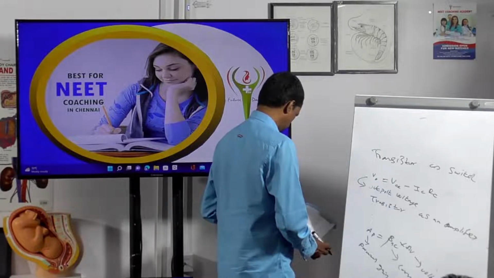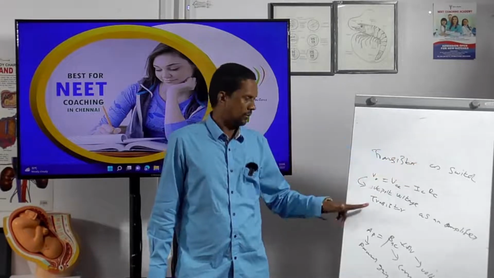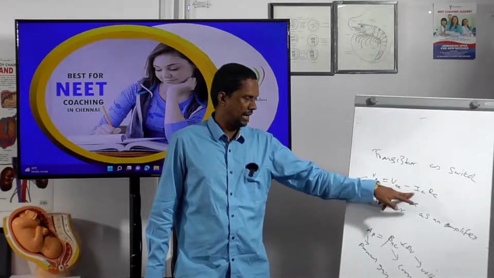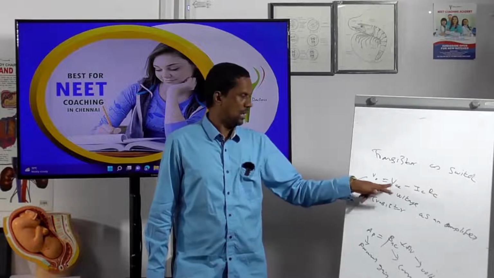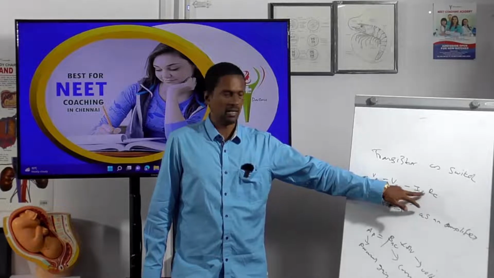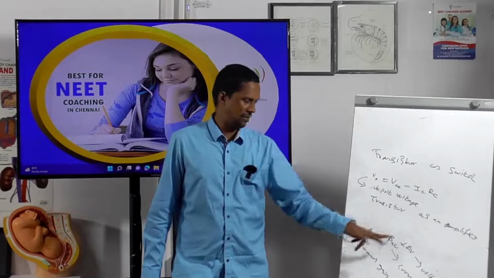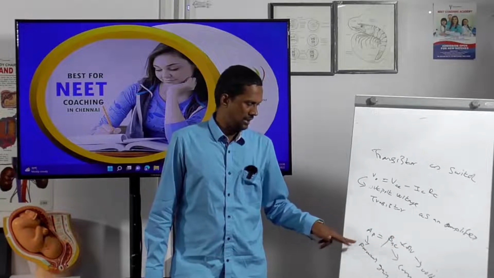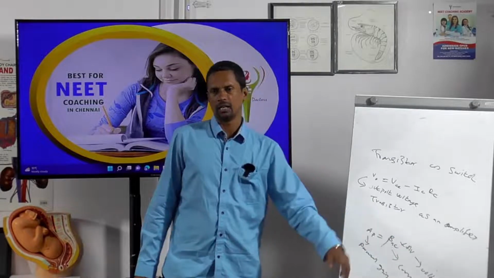First one is transistor as a switch, another one is transistor as an amplifier. In the transistor switch, V0 is equal to VCC minus IC RC, which is the output voltage. Total output voltage is equal to total voltage minus IC RC. What is IC here? Current. R is the resistance. Then when a transistor is used as an amplifier, AP is equal to beta AC into AV. AP is the power gain, beta AC is the current gain, AV is the voltage gain.